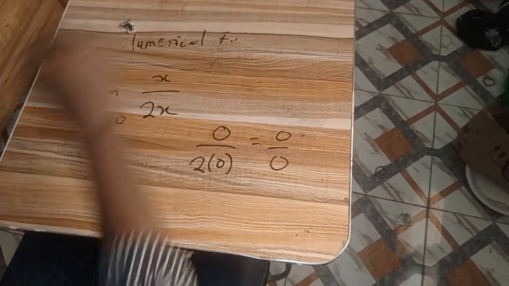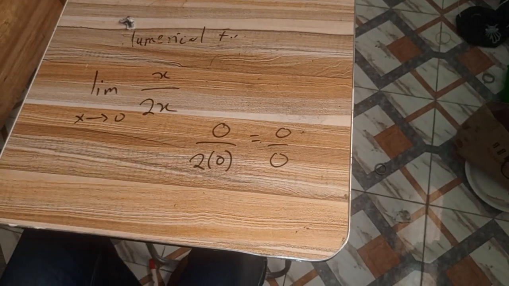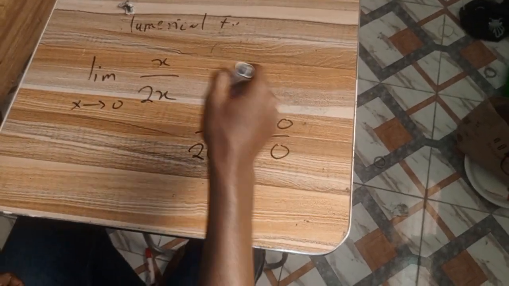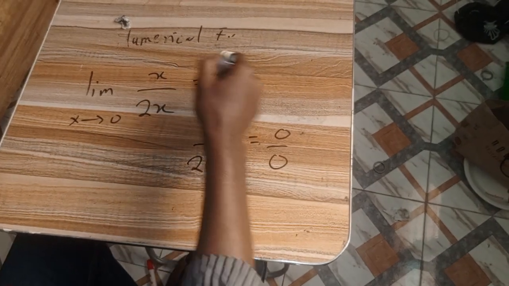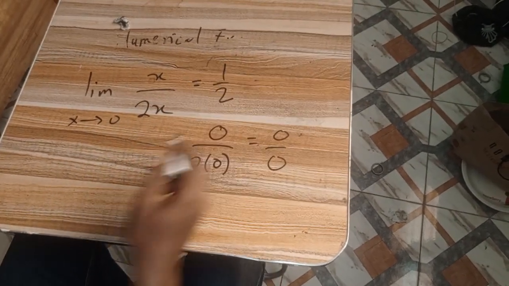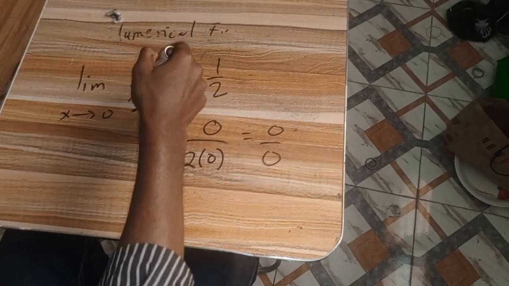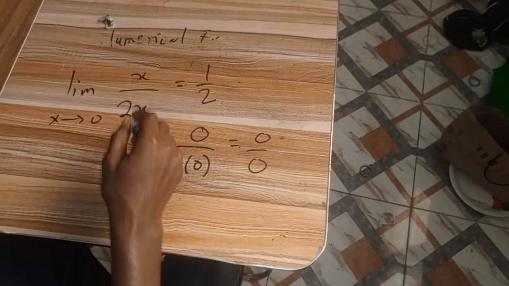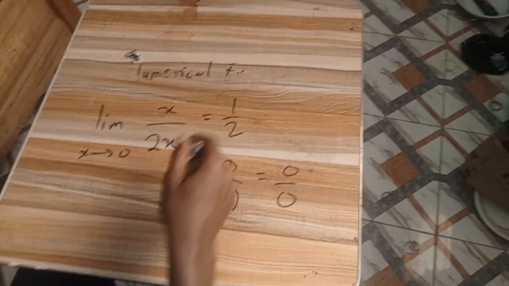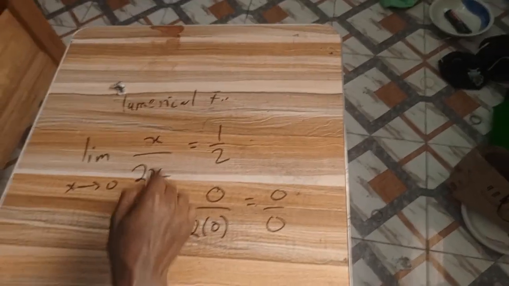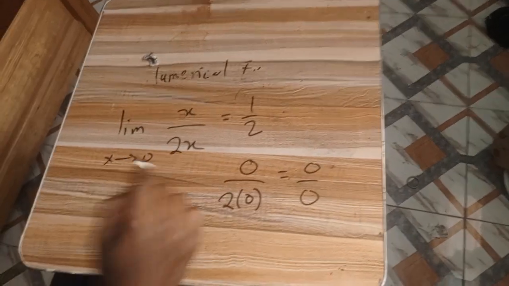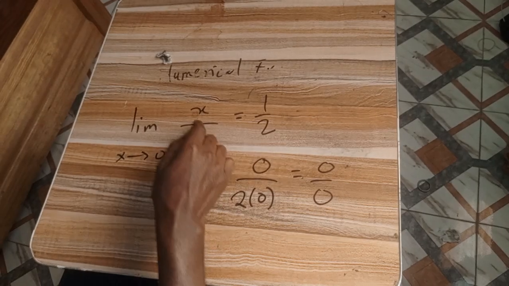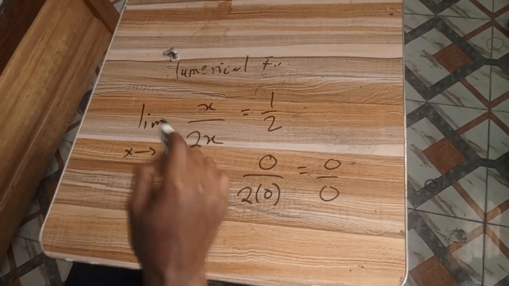But this function, if you analyze it very well, as x approaches 0, this function approaches 1/2. How do I get the 1/2? I divide this x by x to get 1 and I'm left with half. So if I'm dividing x by x and I'm saying the result is 1, it means I'm saying x is not equal to 0, because if x is 0, then x over x is not 1.